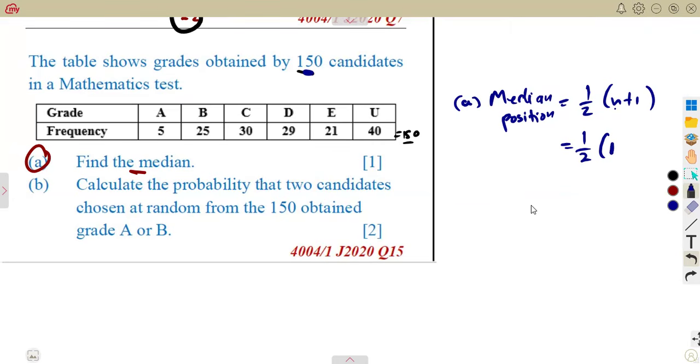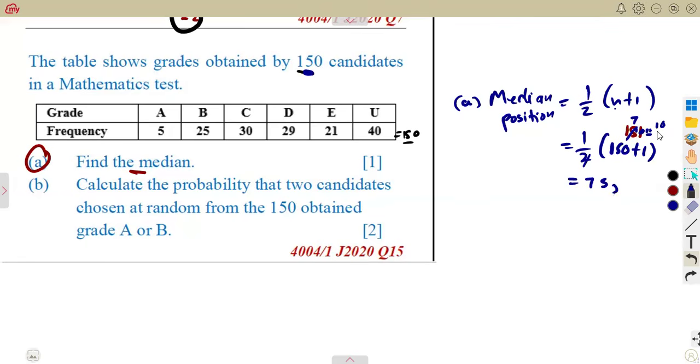So with that total frequency, you're going to add 1. So it's 150 plus 1, which is 151. And we need half of that. Half of 151: half of 15 is 7, with a remainder of 1, so it will be 11, and half of that is 5, with a remainder of 1.